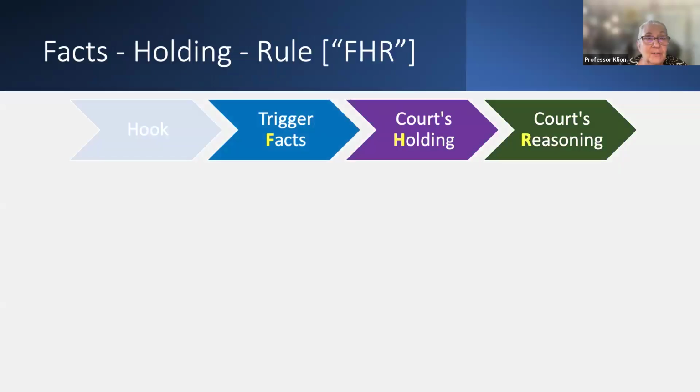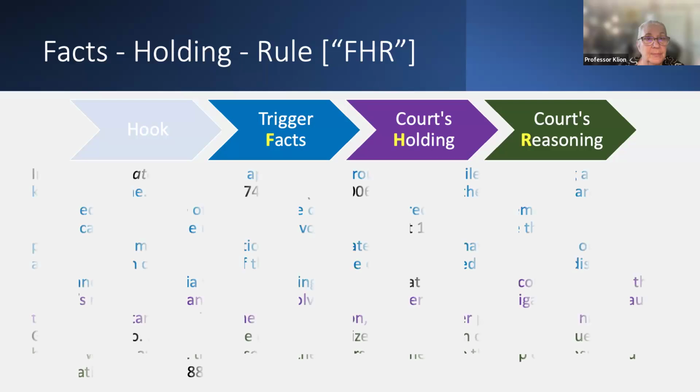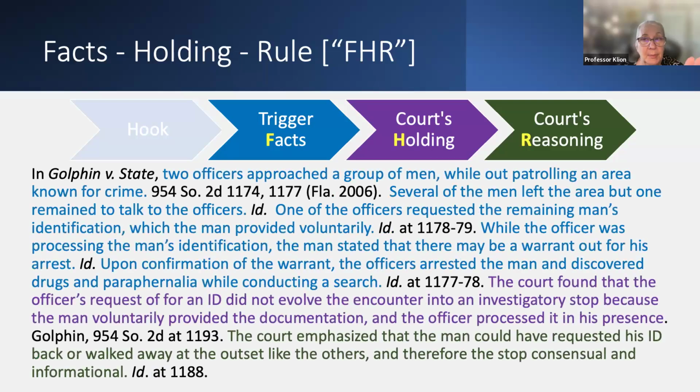So as an example of a single FHR, we're not talking about the hook anymore, just a single FHR. Here is an FHR on golfing. Remember, I'm just doing the FHR, no hook. In golfing, 2 officers approached a group of men while out patrolling an area known for crime. Several of the men left the area, but one remained to talk to the officers.